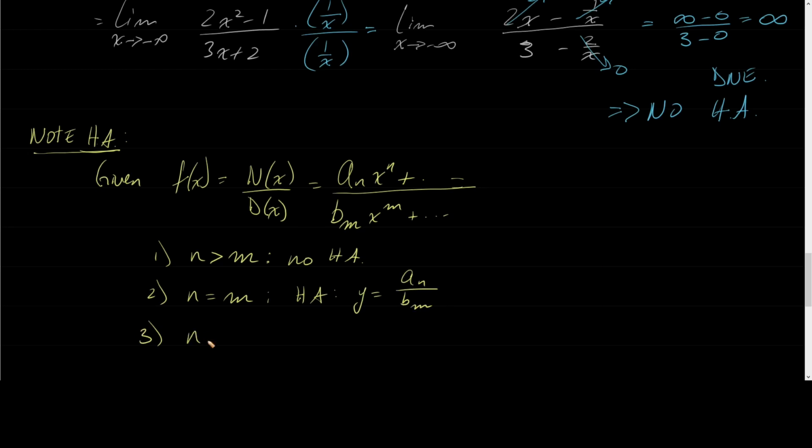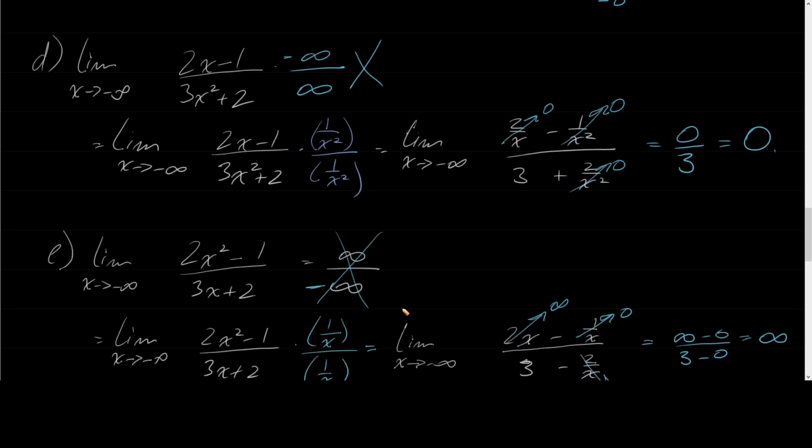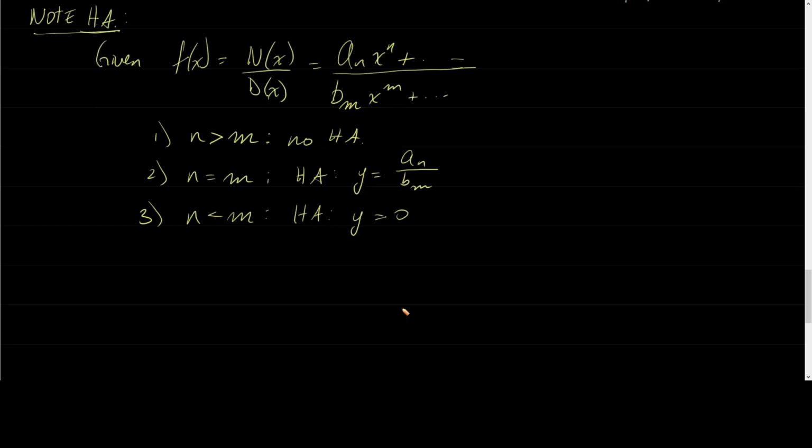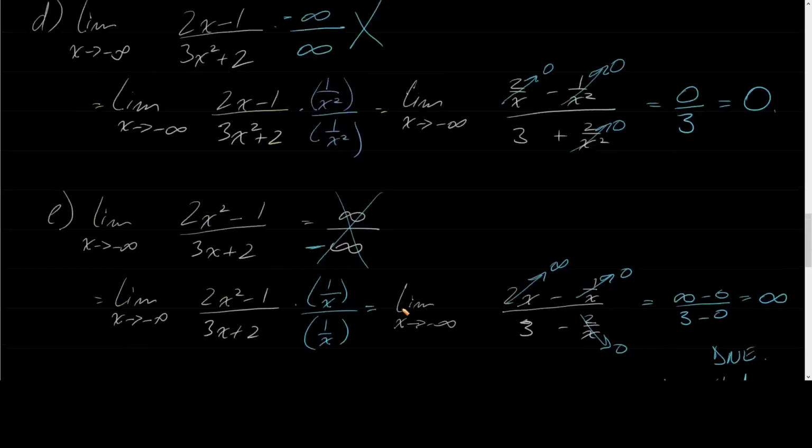And if the degree on top is less than the degree on bottom, the horizontal asymptote was the line y equals 0. Right? So this was something from pre-calc. And where does this come from? Well, essentially this idea of taking the limit as x goes to infinity or negative infinity of a function.